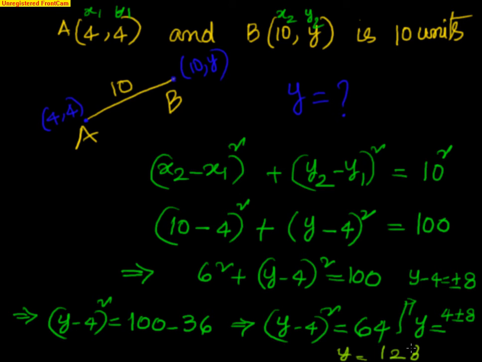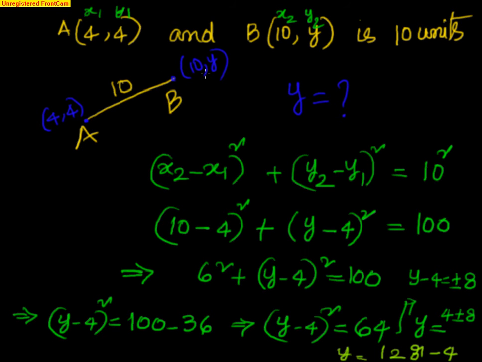12 or minus 4. You can substitute the value of y here and cross check whether you are getting the distance of 10. Let's do it for 1. Let's take 12. 12 minus 4 is 8. 8 square is 64 plus 10 minus 4 is 6. 6 square is 36.